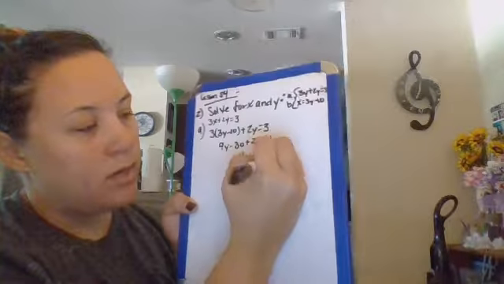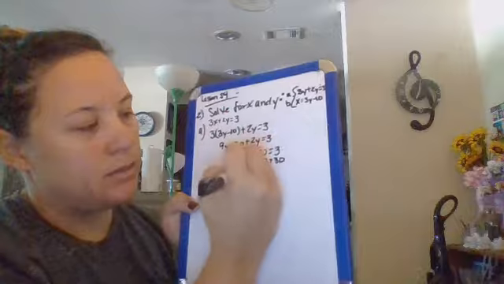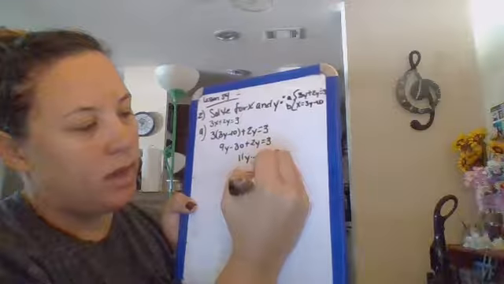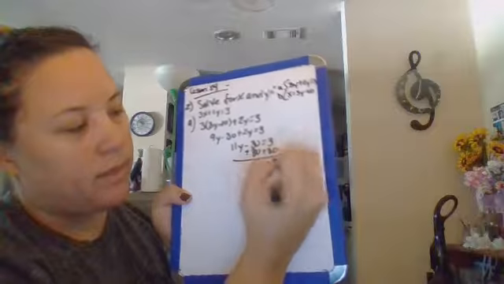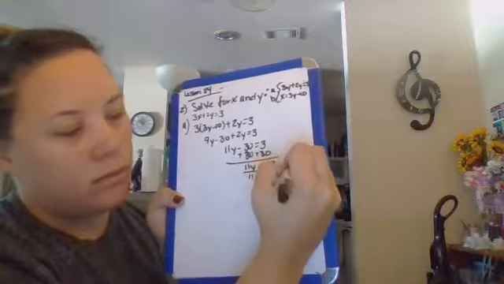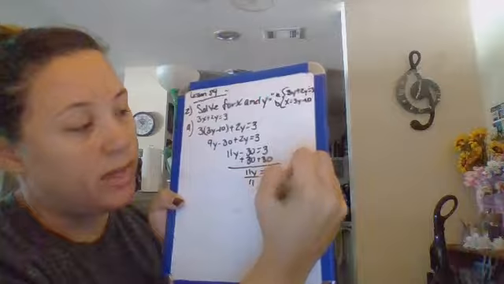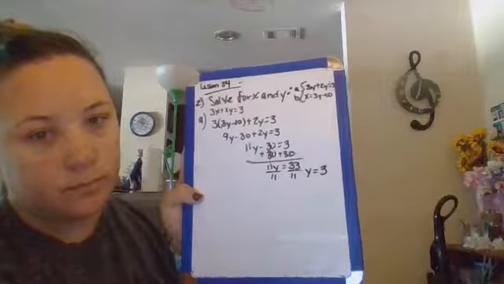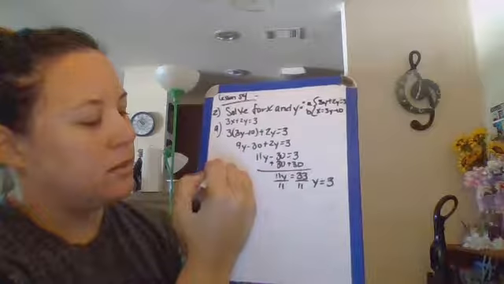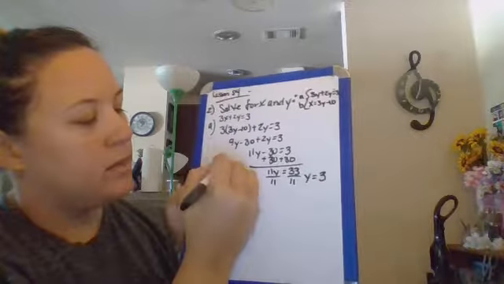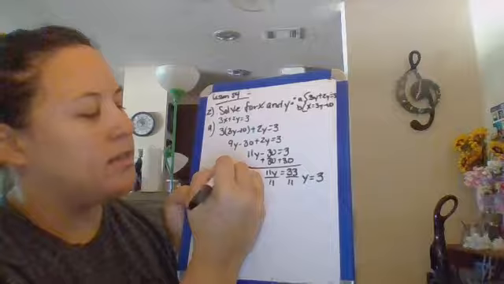And we add 30 to both sides. I have 11y equals 33. Divide by 11. Y equals 3 again. Now I can plug that into my second equation to find x. X equals 3y minus 10.